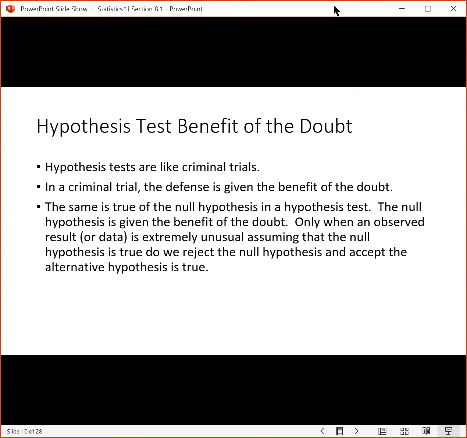Let me go over that again. You start off assuming the status quo is true, you do something, and if the outcome is really weird assuming the status quo is true, then you come back and say maybe the status quo wasn't true after all. That is the idea behind a hypothesis test, and that is what you're going to see consistently throughout the rest of this video and the next video.